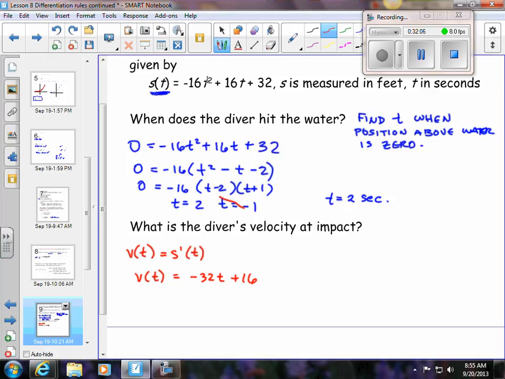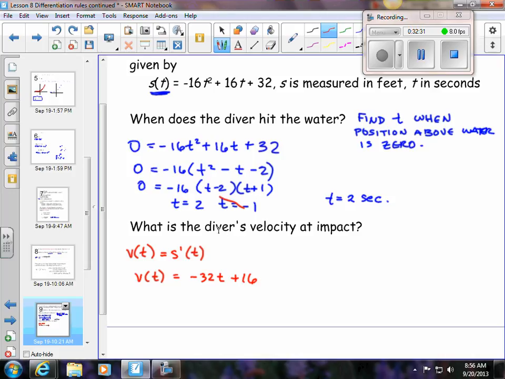I'm multiplying the exponent 2 by the coefficient of negative 16 and reducing the power by 1. Same thing for the middle term, 1 times 16, reduce the power by 1. What's the derivative of a constant? 0. So there is my velocity function.